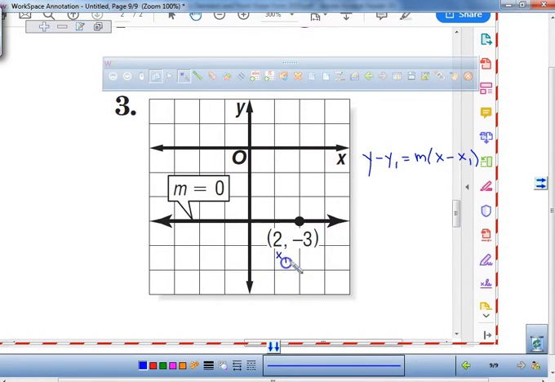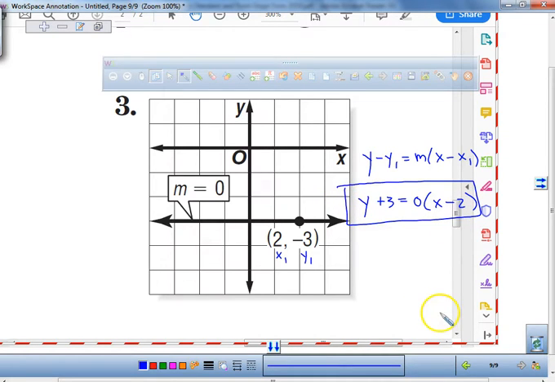That's our x1, that's our y1. And so if we were to write everything in, this is what it would be, right? It would be y plus 3 because those negatives cancel out, equals 0 parentheses x minus 2. There you go. That's how you would write it in point slope form.